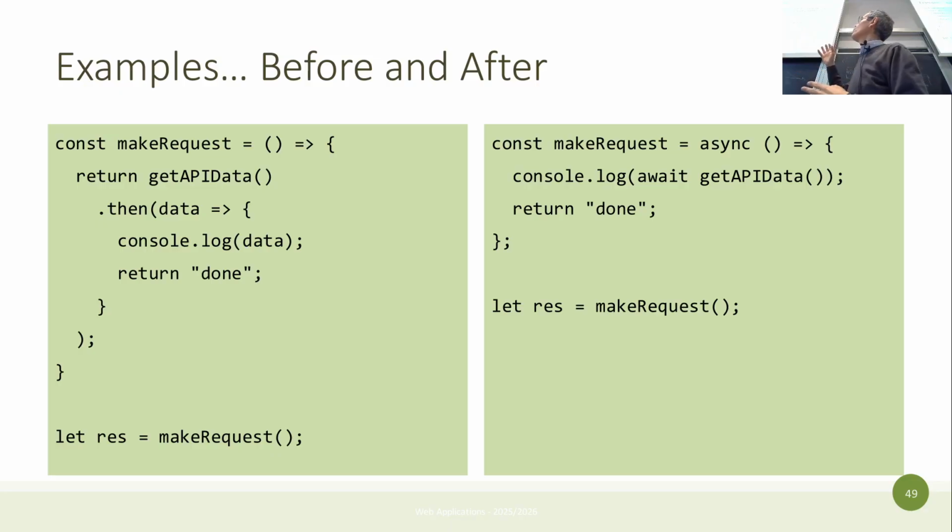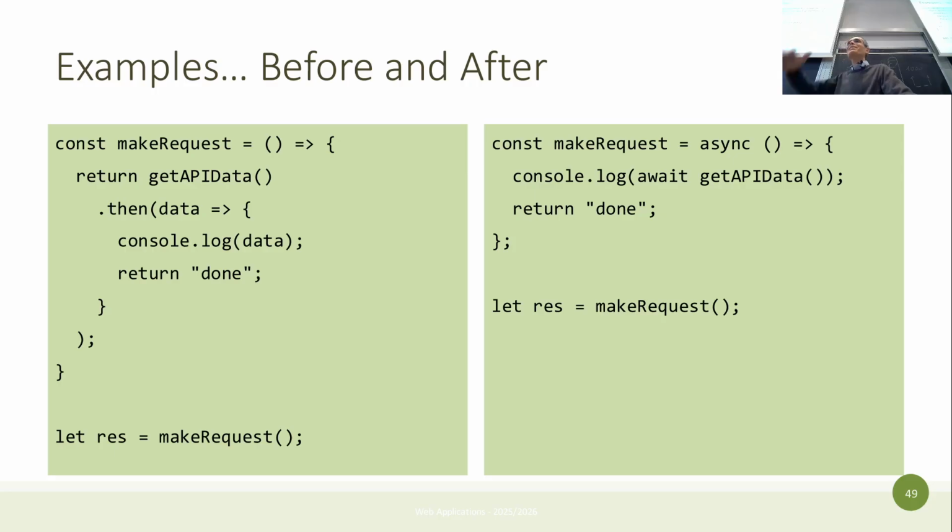If you want to wait for the result of the asynchronous function, so getAPIData is an asynchronous function, with this new keyword await, you just write await getAPIData. That's all. You don't have to write .then and the callback, etc. We like callbacks because we just learned callbacks in JavaScript, right?